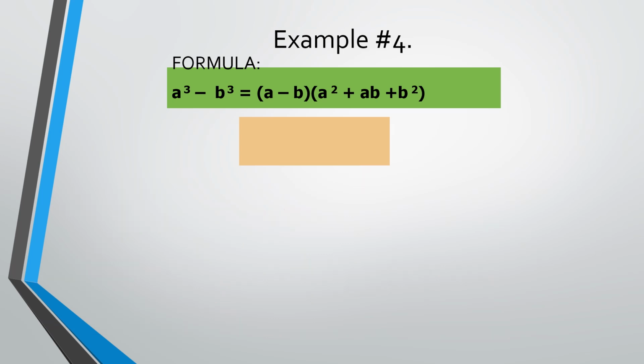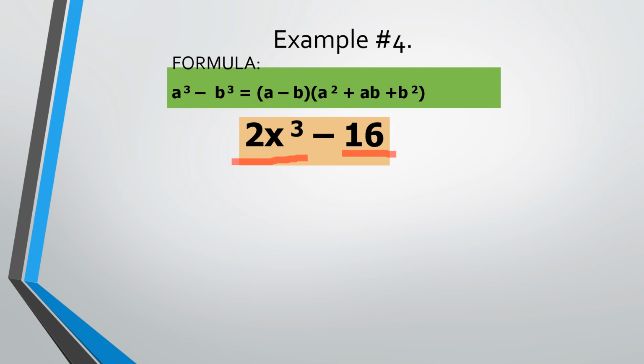Another example. We have here 2x cubed minus 16. Now look at the first term, 2x cubed. Number 2 is not a cubic number. And also, 16 is not a cubic number.